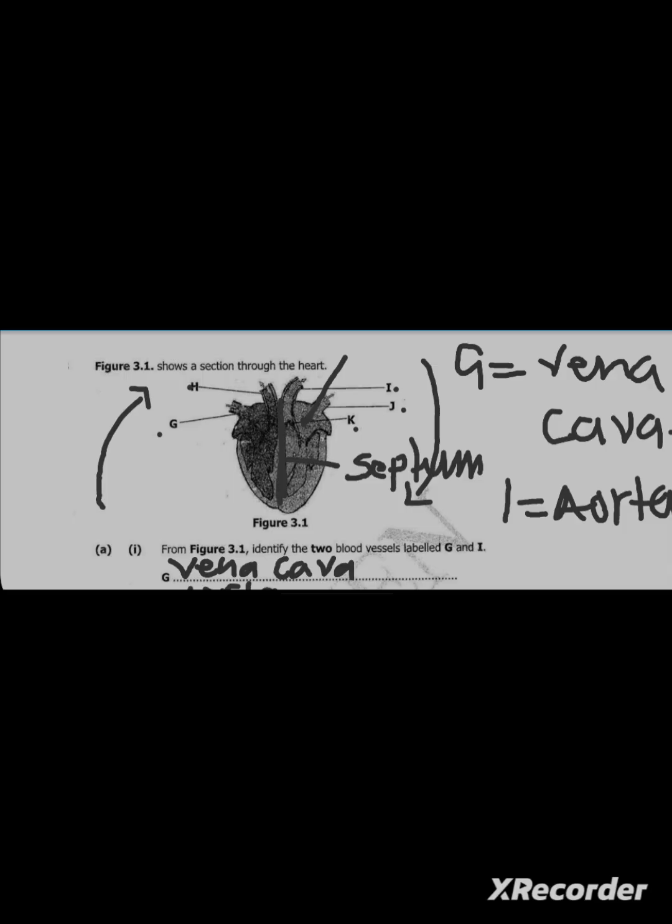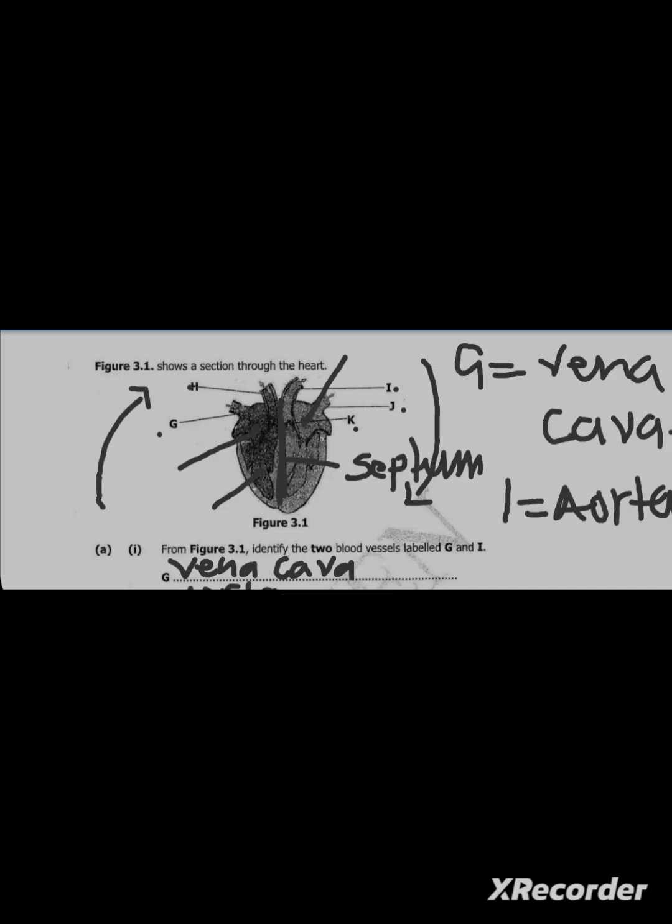And then here we have got this part, called the right atrium. And down here is the right ventricle.